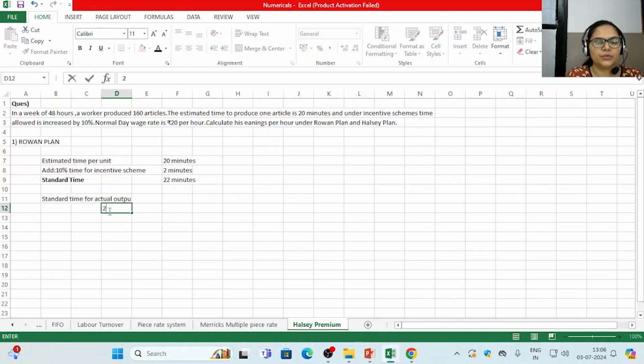So 22 multiplied by 160, again divided by 60 minutes, that is 1 hour. For getting the calculation on an hourly basis, we will get 58.67 hours.